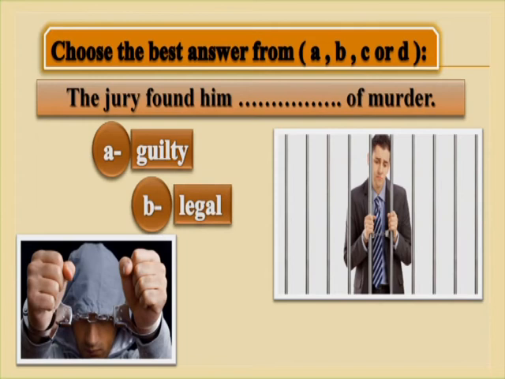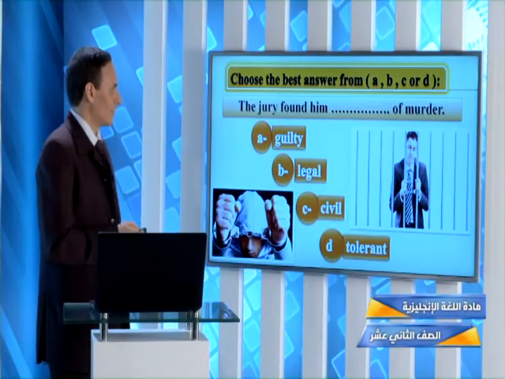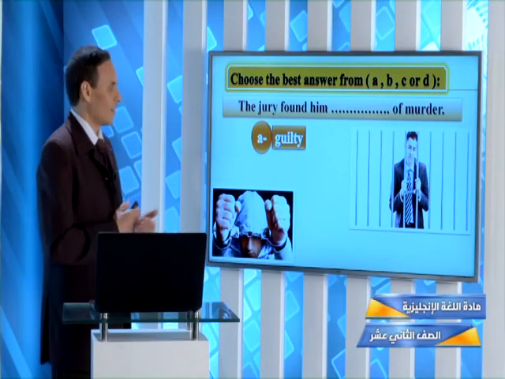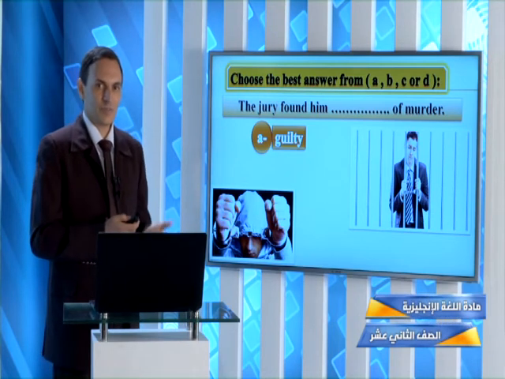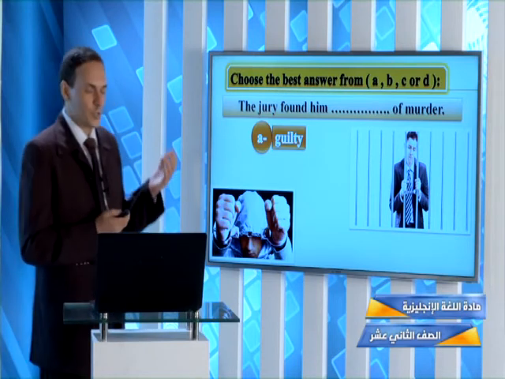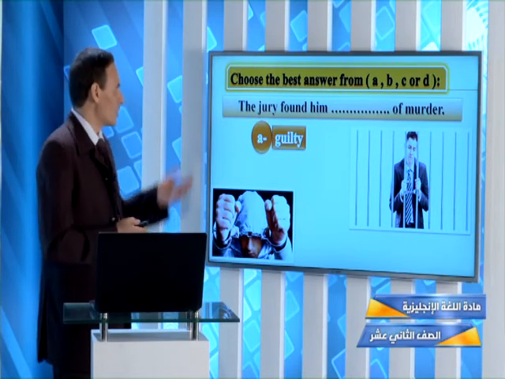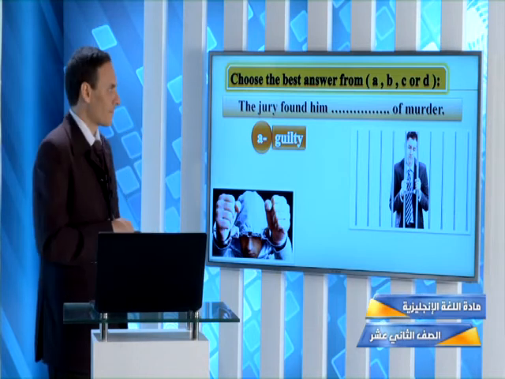Is it the word legal, civil, or tolerant? Great. It's the adjective guilty. Remember what we said about the meaning of this adjective? It means responsible for committing a crime. So, the jury found him guilty of murder.